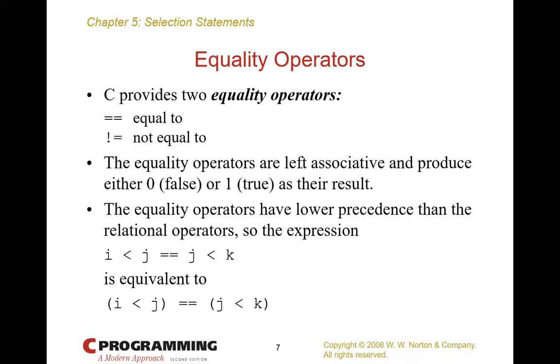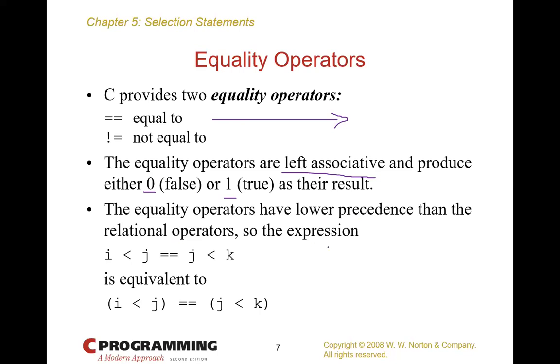So the equality operators are left associative. Please keep all of this in mind. They go from left to right. And they also produce either 0 or 1 as their result. The equality operators have lower precedence than the relational operators.